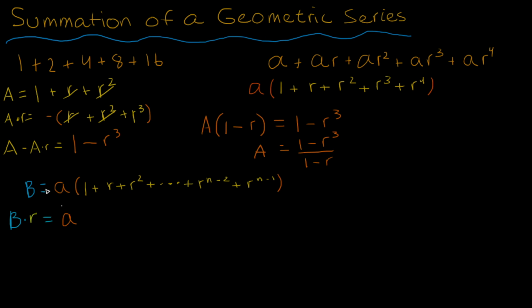So now we want to multiply r to this entire thing, so I'll keep this over here. Now we'll have r times 1, so we'll have r, and then we have r times r, which is r squared, and instead of going to n minus 1 this time, we have r to the power of n minus 1 instead of n minus 2, and r to the power of n instead of n minus 1.